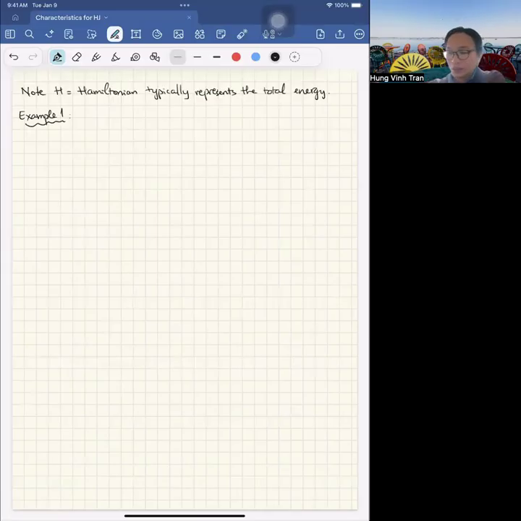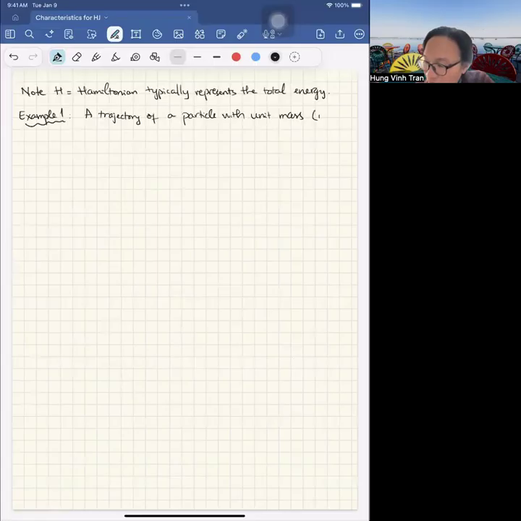All right, so the example I'm going to consider is the trajectory of a particle with unit mass.